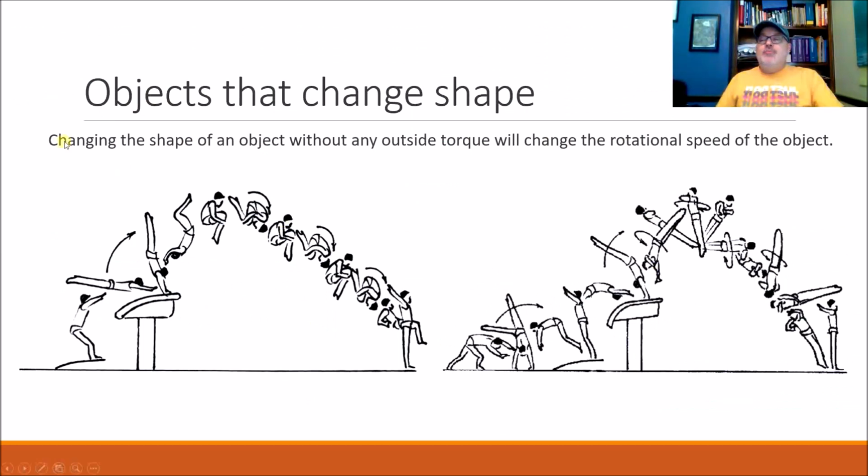So another one is in gymnastics, the vault. So a gymnast will come and vault, and if they want to tumble really fast, then what they'll do is they'll tuck their arms and legs in, make themselves more like a ball so they have less of a radius. They lower their rotational inertia, and then they can go head over heels much faster.